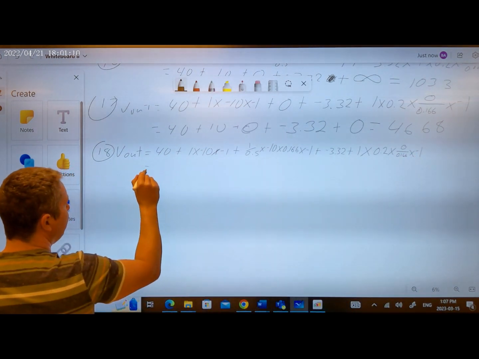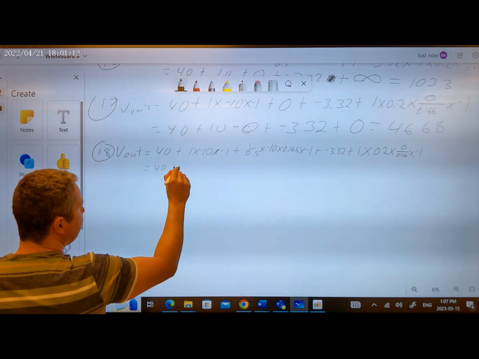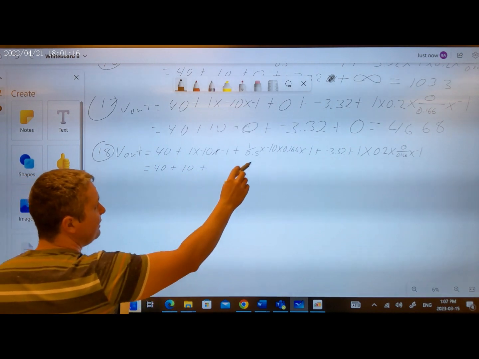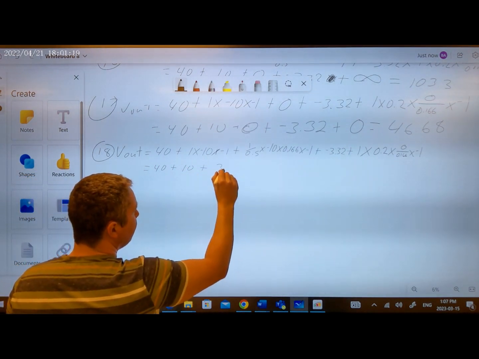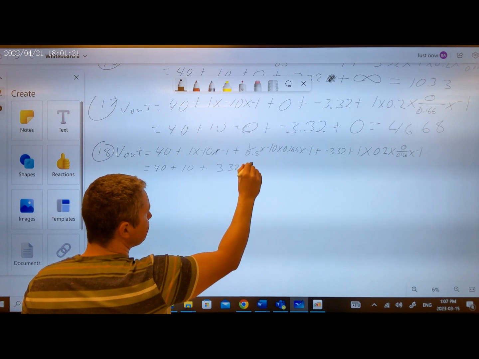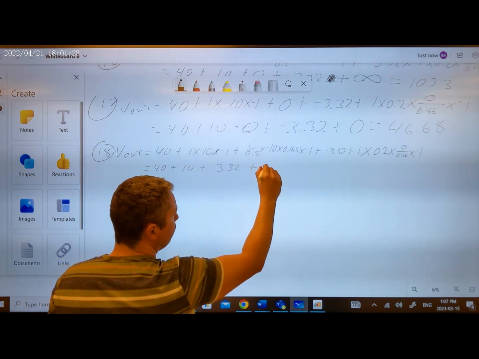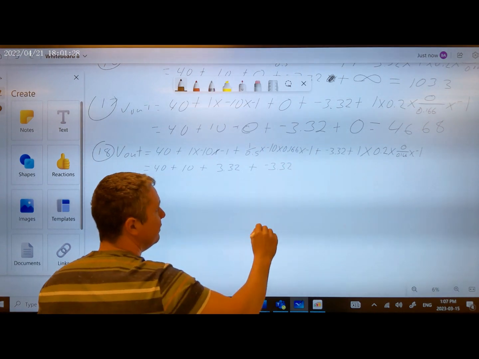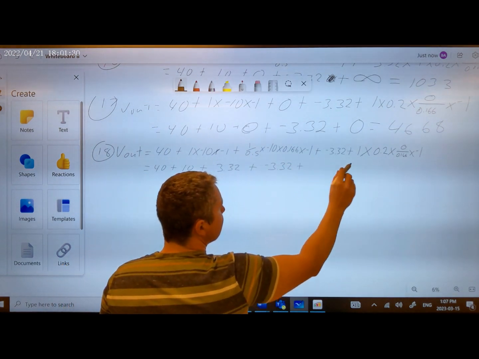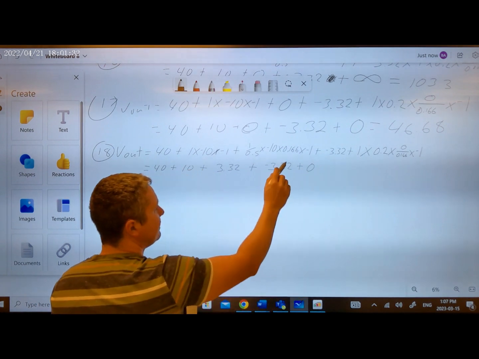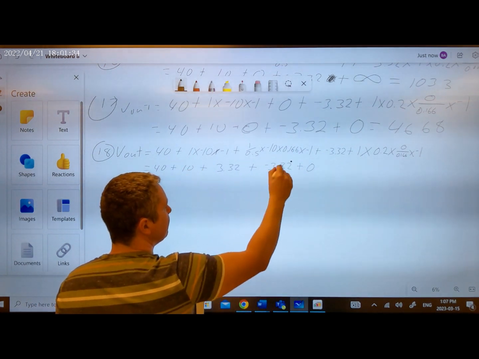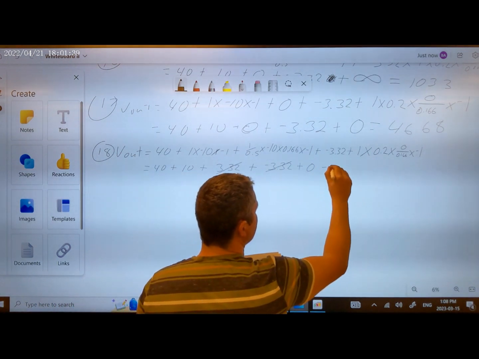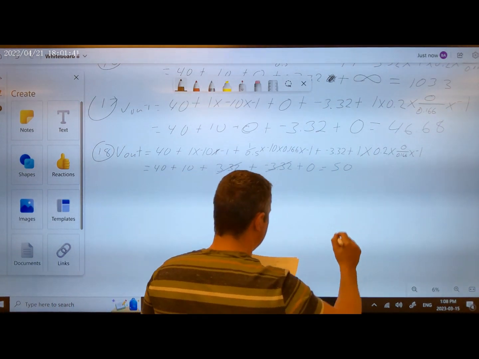So our output equals bias of 40 plus proportional output of 10 plus a new integral output of 3.32 plus an old, accumulated integral output of 3.32 negative, plus no derivative. And you can see that these cancel each other out, minus and positive, which equals 50%.